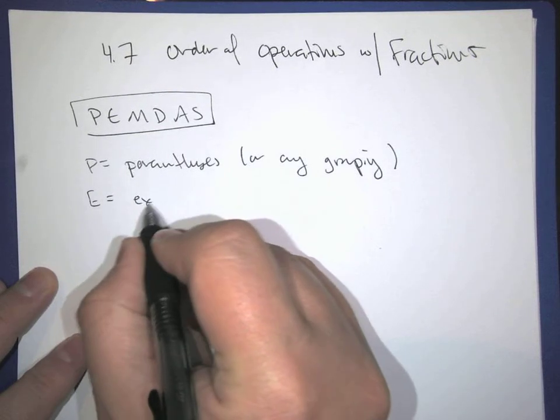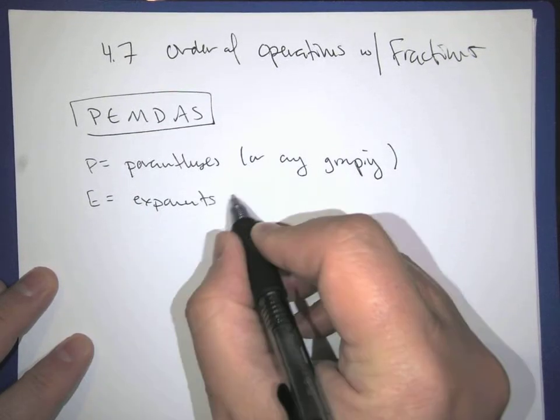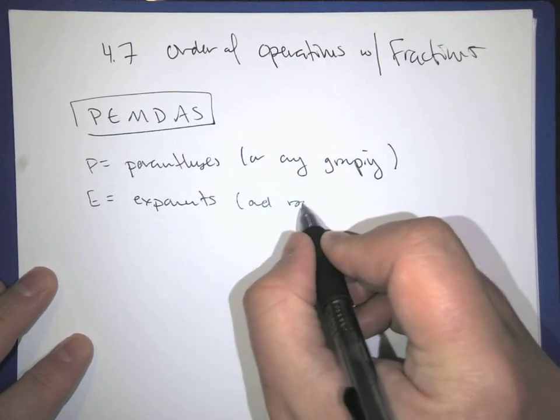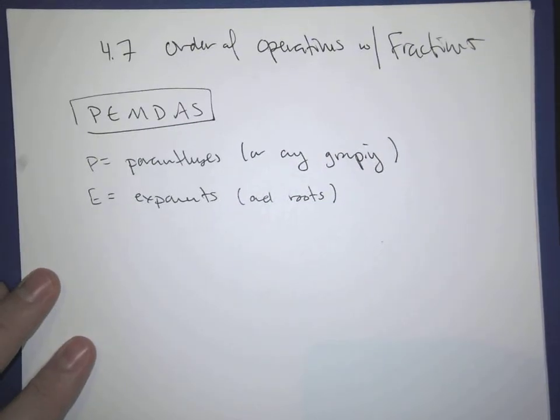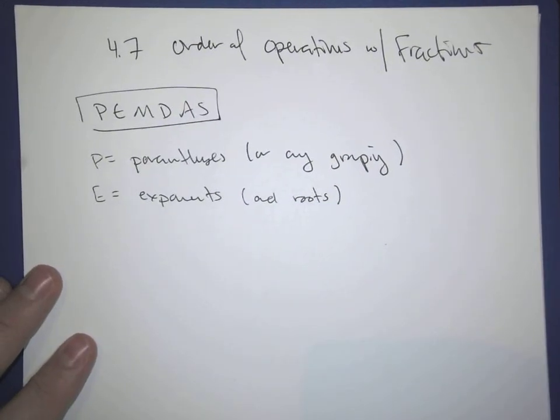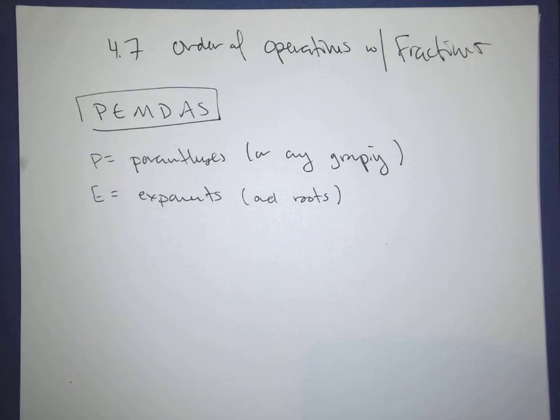E is for exponents and any type of roots. So exponents and roots are sort of two sides of the same coin, so they have the same priority level in any kind of order of operations situation.